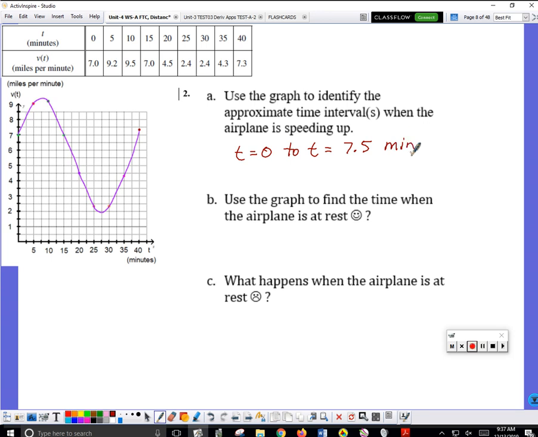Is there another answer? T equals 27.5 to T equals 40. Raise your hand if you have that written on your paper. Point 2 for Carrie.